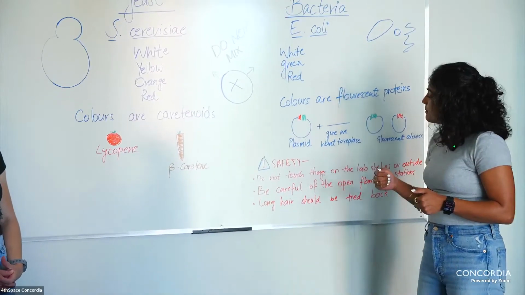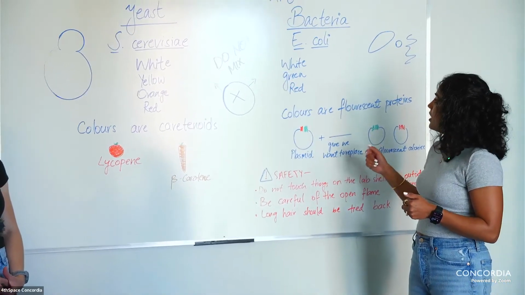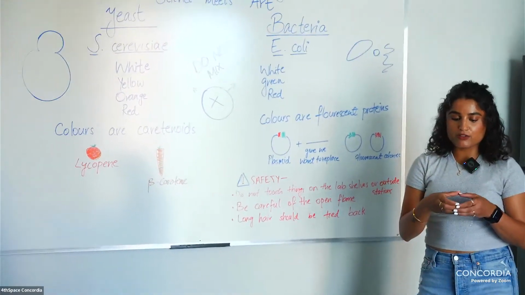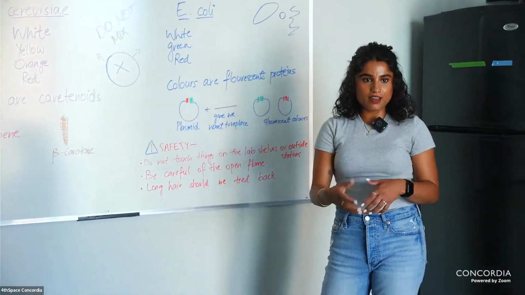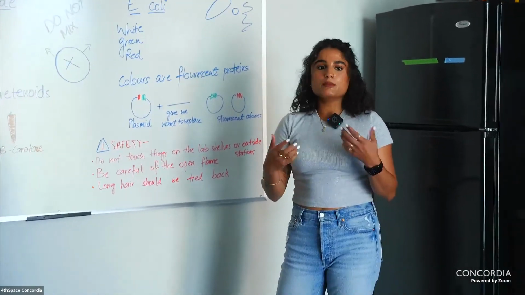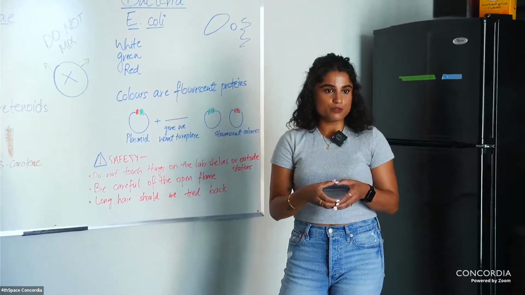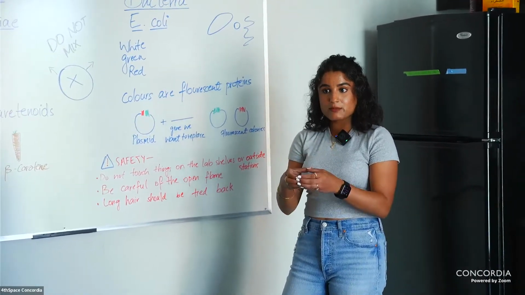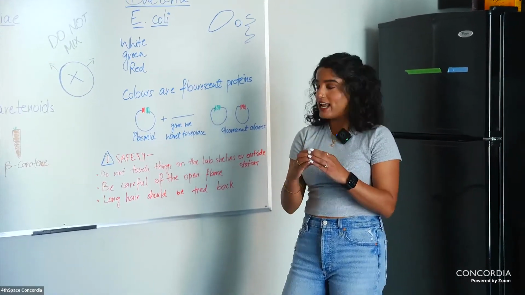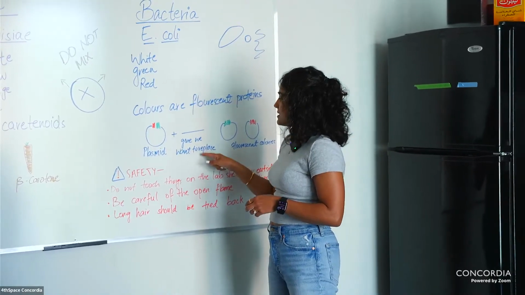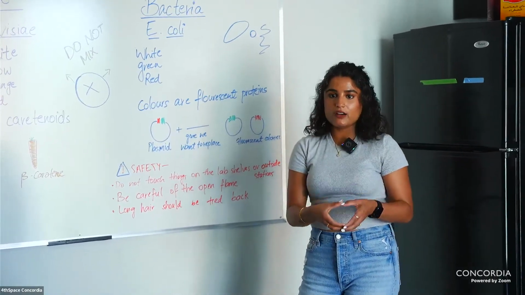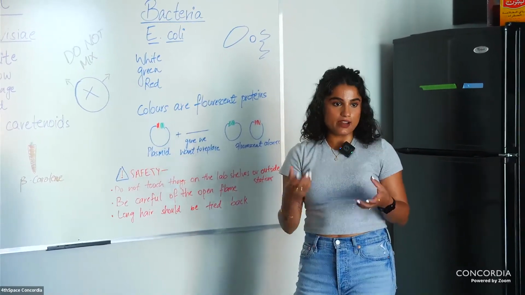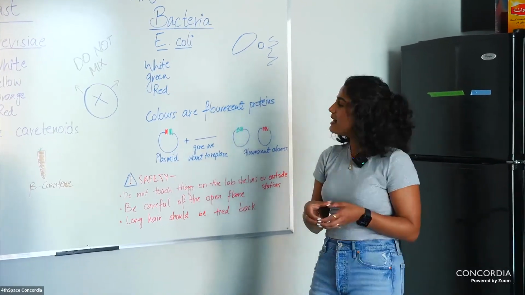For E. coli, we introduced fluorescent proteins so that when E. coli grows, it glows and produces the desired fluorescent protein that was introduced into it. We add the fluorescent protein on a plasmid, which is a circular DNA, and we replace an undesired gene inside E. coli with our desired fluorescent protein gene in the plasmid.